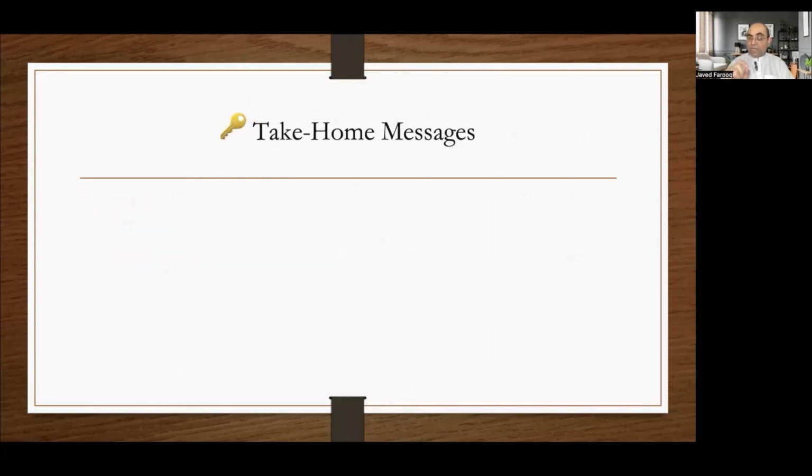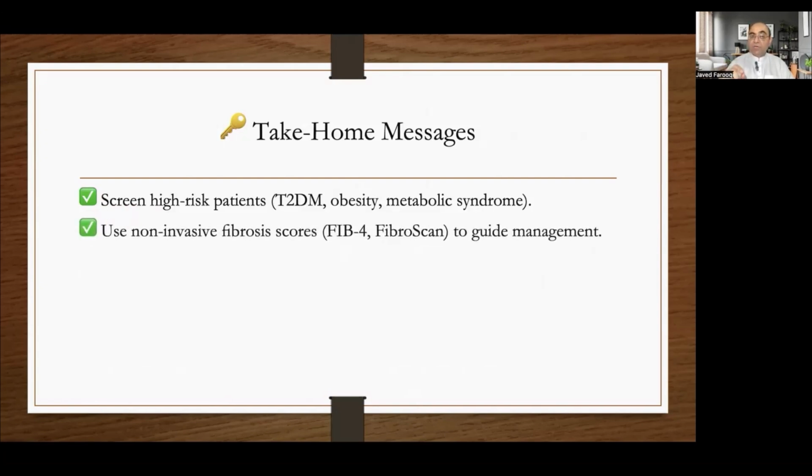Take-home messages from today's discussion: screen high-risk patients, that is those with type 2 diabetes, obesity, and metabolic syndrome, for MASLD. Use non-invasive fibrosis scores, FIB-4 and FibroScan, to guide management.